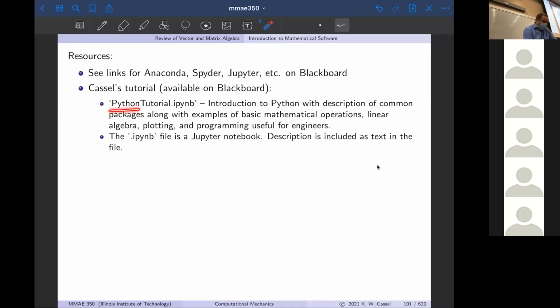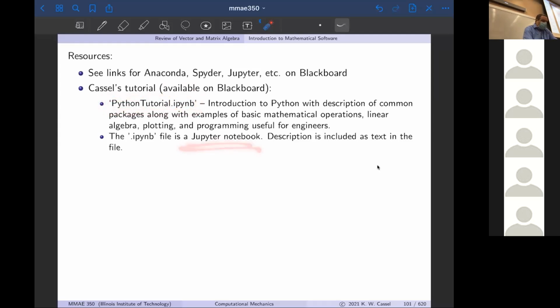So again, the Python tutorial, you'll notice the strange suffix, .ipynb. IPY stands for IPython, which is a notebook interface to Python, and NB stands for notebook. So this is what's called a Jupyter notebook, which I'll describe in a moment.